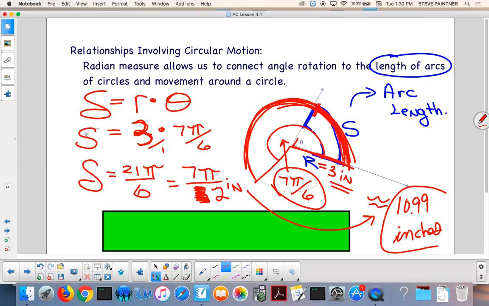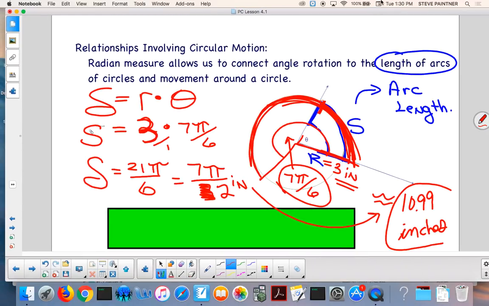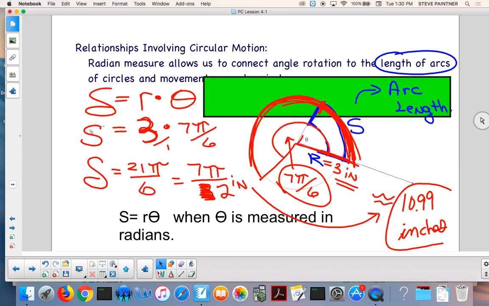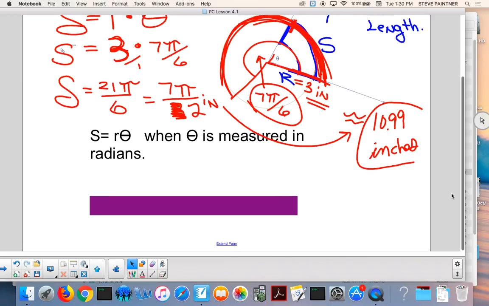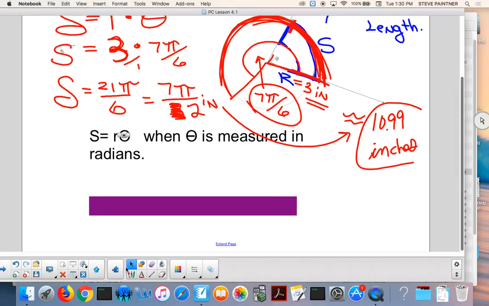Now this green box is just telling you what you have already figured out, so it's not going to be a big surprise to you, but you should write this down. Today when you start your assignment, you need to understand this is huge. S equals R theta. S stands for what?